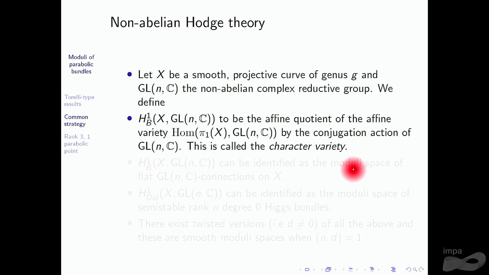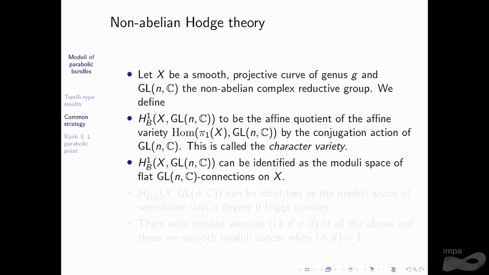This is called the character variety, and you can think of the Betti cohomology for non-abelian, so for some arbitrary reductive group, as being the moduli space of flat GLN C connections.